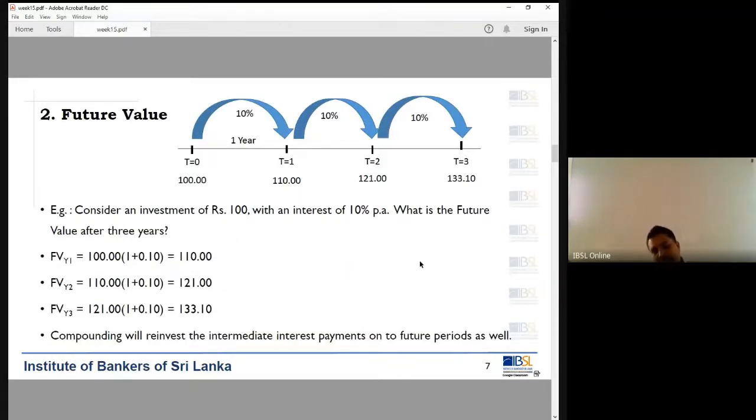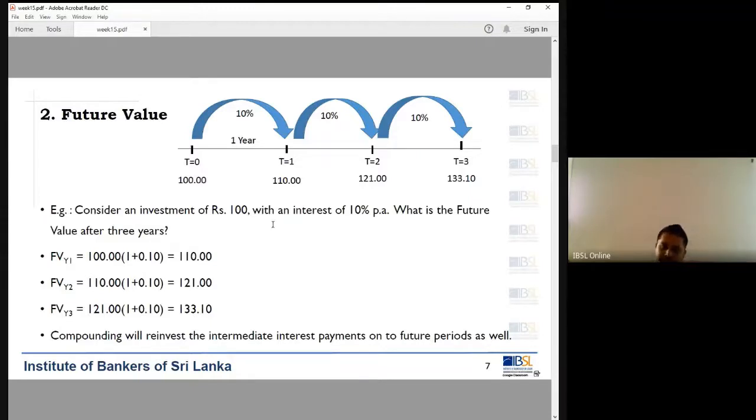Now look into this example. We had an initial investment of 100 rupees with an interest of 10%. Instead of just multiplying that by 10% and getting 110 after year one, this 100 rupees is going to be invested for a period of more than 1 year.